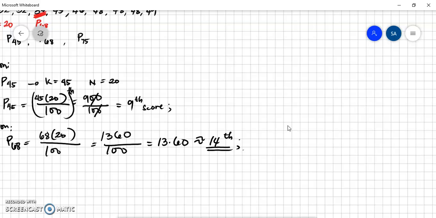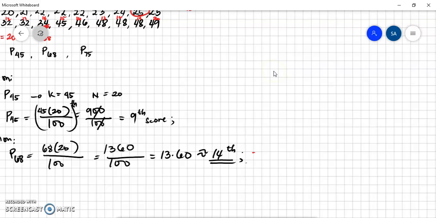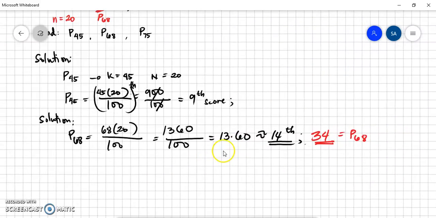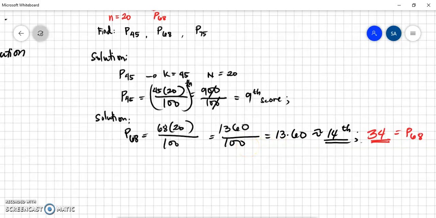So this is your P sub 68. So our P sub 68 is 34. Next, for the last one, the solution for P sub 75. For P sub 75, the value of k is 75 times 20 over 100.